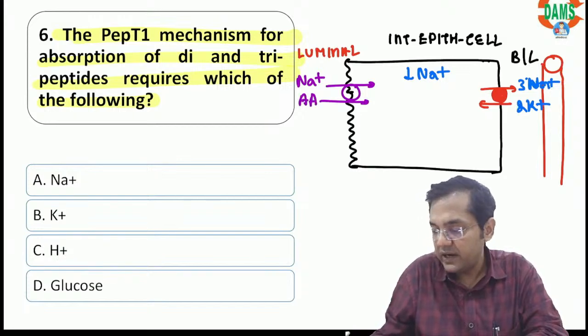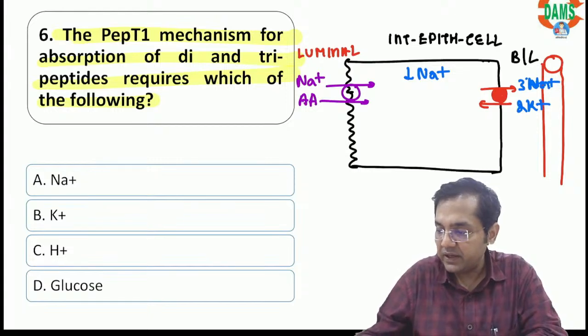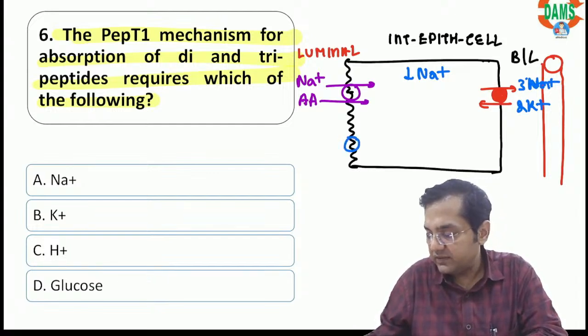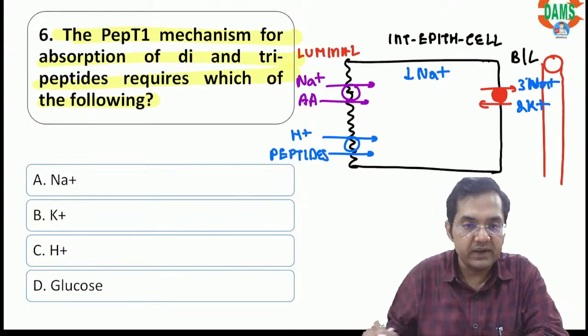Sodium comes in, and double A is always amino acids. But I am asking you here peptides. So answer has to be different. Now from the other side, the hydrogen ion is the ion which is required for peptides.